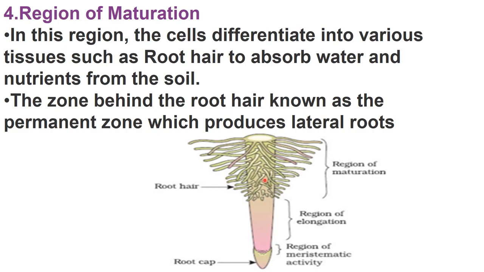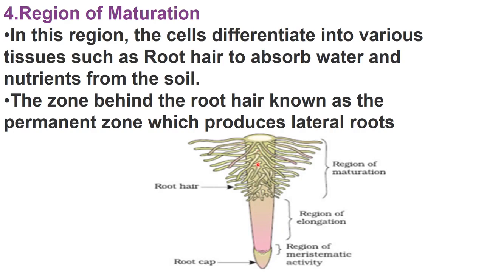The zone behind the root hair is known as the permanent zone. Just behind the root hairs, this region is called the permanent zone, which produces lateral roots also, right? Because this is the primary root and lateral roots can also arise from this primary root.